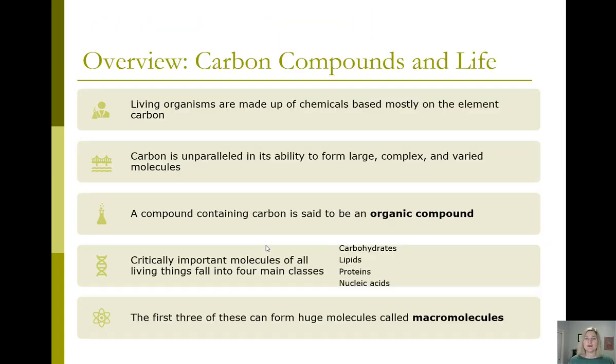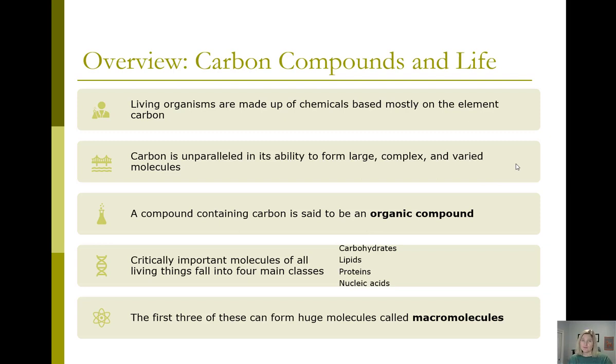So let's start by talking about what carbon compounds are and why they are so vital for life. Living things are made up of chemicals that are mostly based on the element carbon. So you are carbon based, made of molecules that are carbon based. The reason carbon is so vital is that it has 4 valence electrons in its outermost shell.